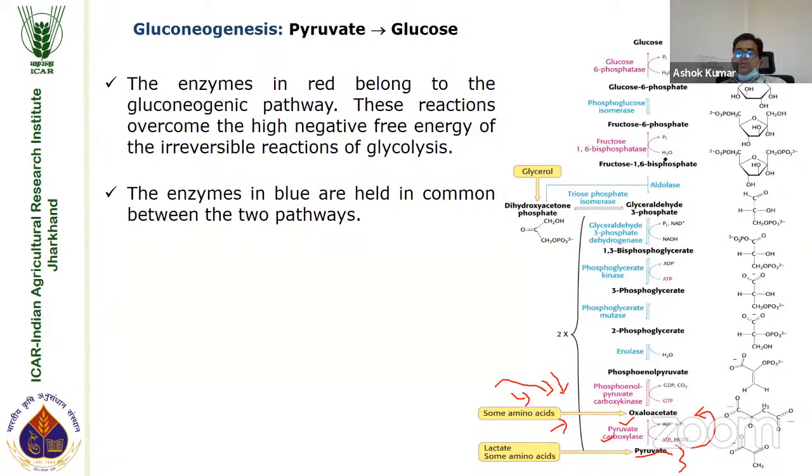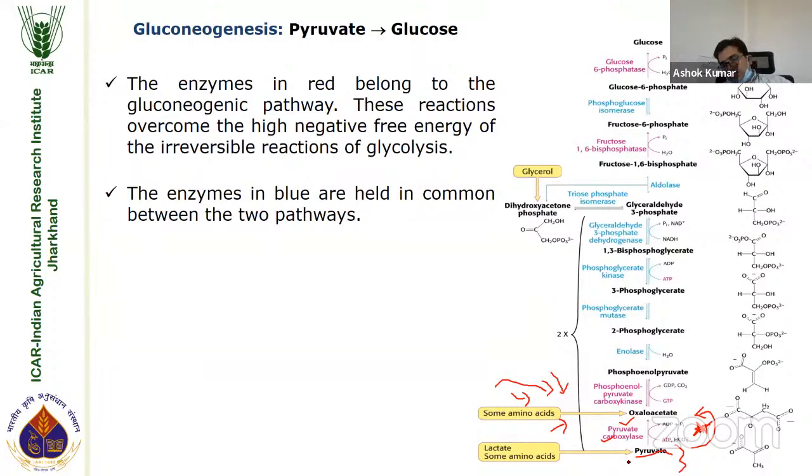When pyruvate enters, one ATP is consumed, so you have an energy cost. The action of pyruvate carboxylase sets the flux for the gluconeogenesis process. It is an irreversible reaction.